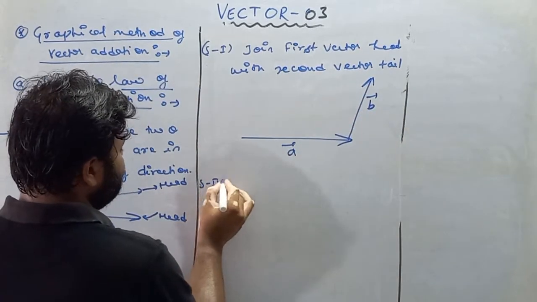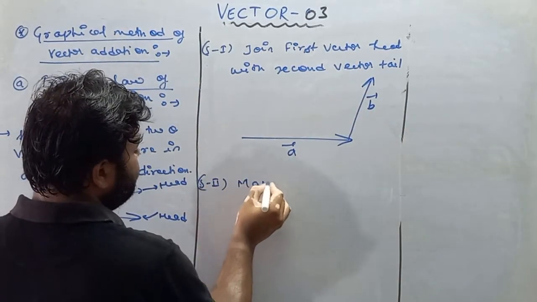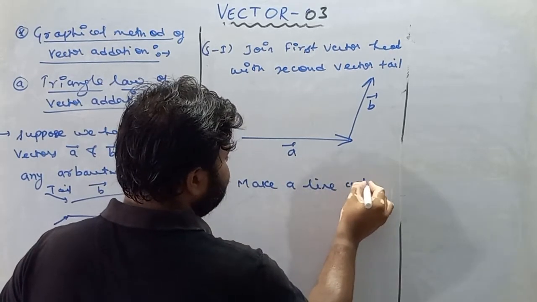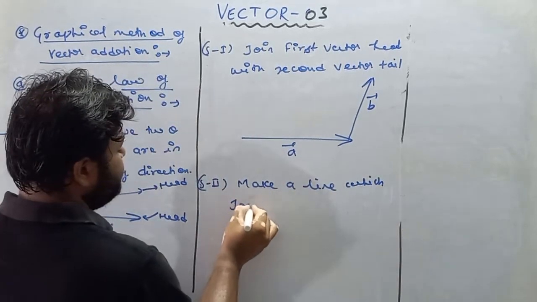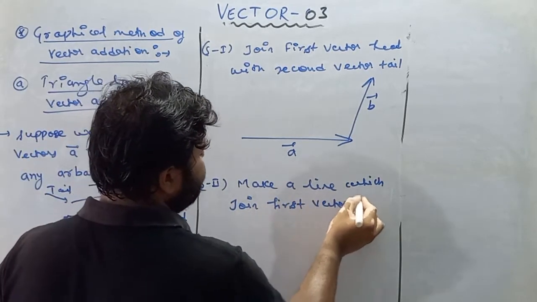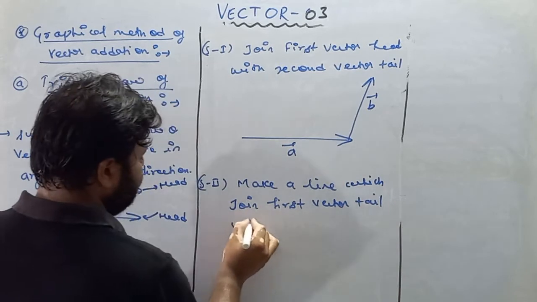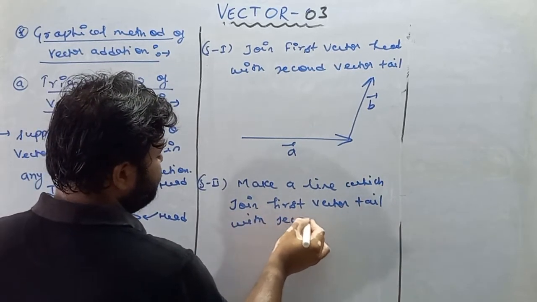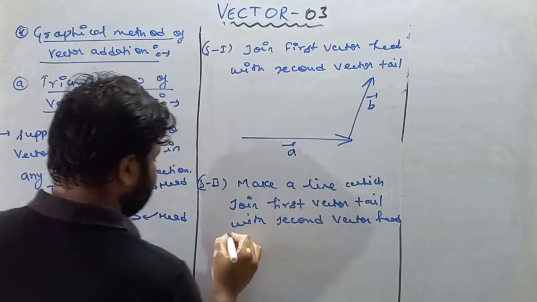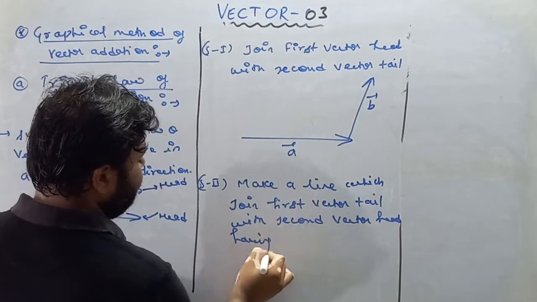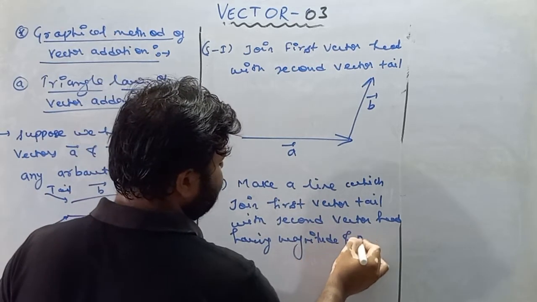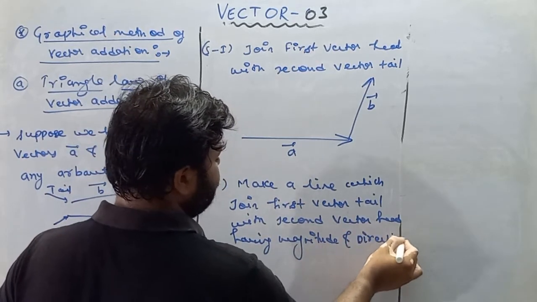Now step 2: make a line which joins the first vector tail with the second vector head, having magnitude and direction.